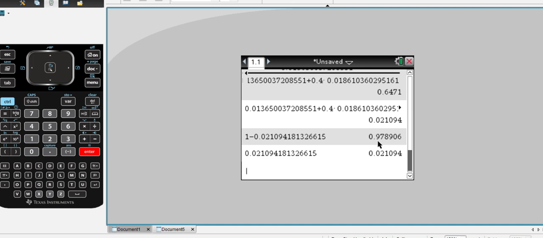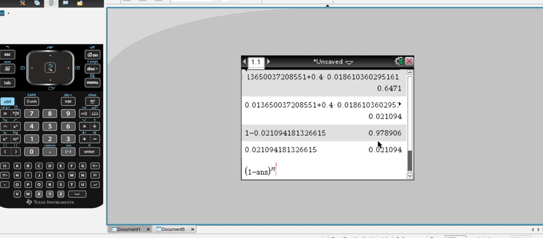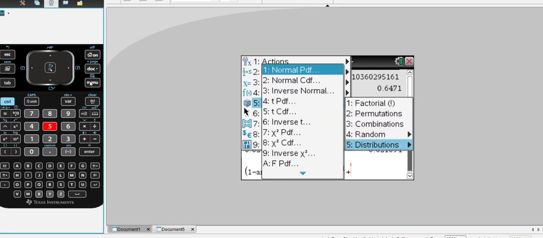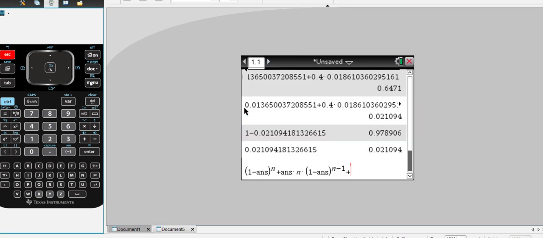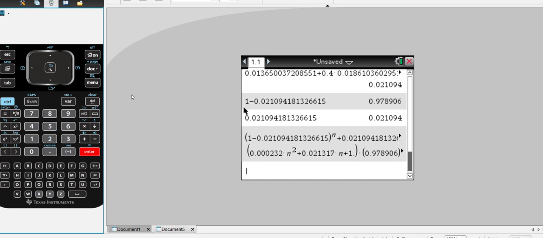Then I'm going to go 1 minus the stored value to the power of n, plus the stored value times n times 1 minus the stored value to the power of n minus 1, plus n choose 2, which will go menu 5, 3, n, 2, times the stored value squared times 1 minus the stored value to the power of n minus 2.